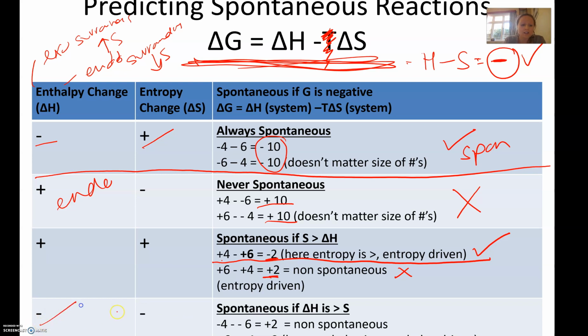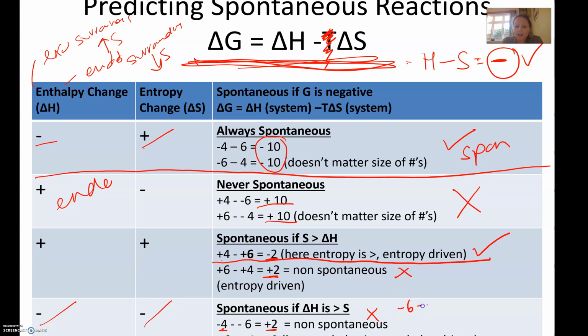What if we've got exo and a negative entropy? So if we know it's H minus S, so H is -4 minus -6. Well, the two minuses here become a positive, and you end up with a value of +2, which is not spontaneous. The line that's underneath that I'm just going to move up here is what if we made the enthalpy bigger?